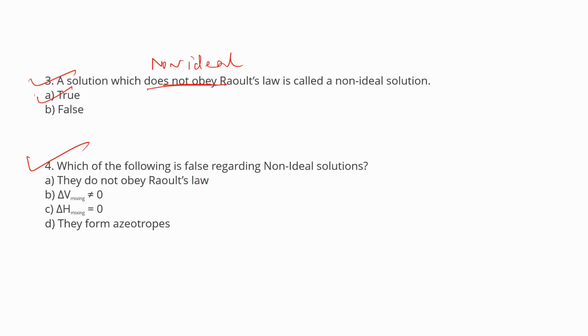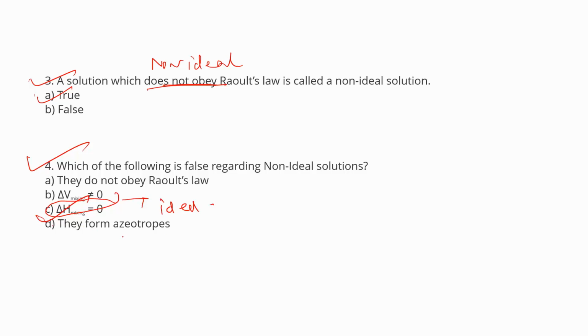They do not obey Raoult's law. This is correct for the non-ideal solution. Delta V mixing will be 0, that is correct for the ideal solution. Delta H mixing is 0, that is also for the ideal solution. So that will be the correct answer, option C.